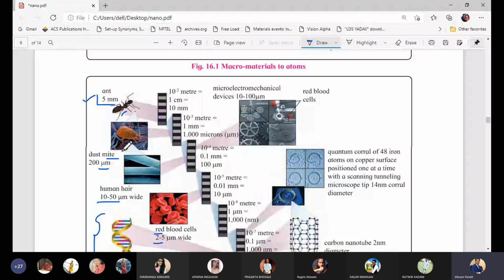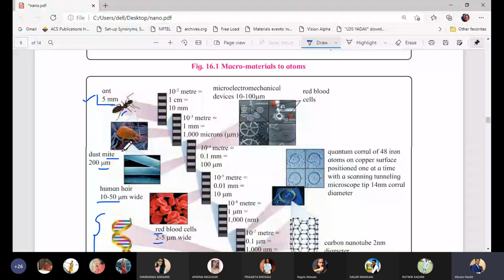And this whole scale is given. For example, 1 nanometer is a very important relation: 1 nanometer is equivalent to 10 raised to minus 9 meters.